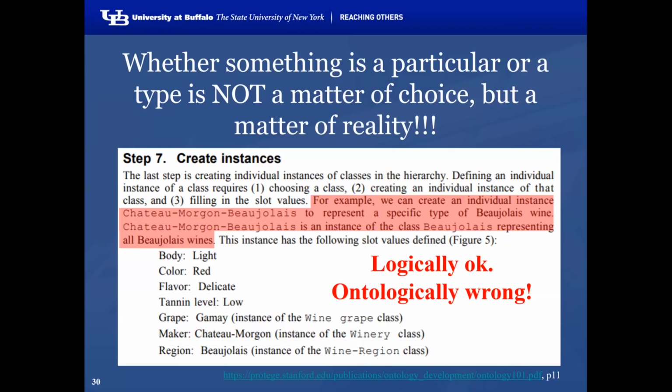You can do that indeed in Protégé. Protégé allows you to have a class as an instance, and so on. In realism-based ontology, you can't do that. It's not necessarily logically wrong, but it is ontologically wrong to do that.